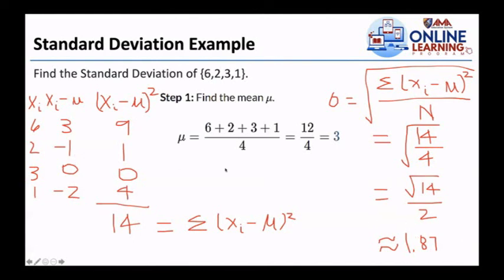So in general, though we see here 3, 1 in absolute value, in general, the average is like 1.87. If you look at the data, we can say that the data value is 1.87 far from the mean in general.